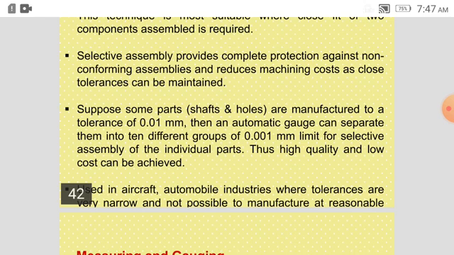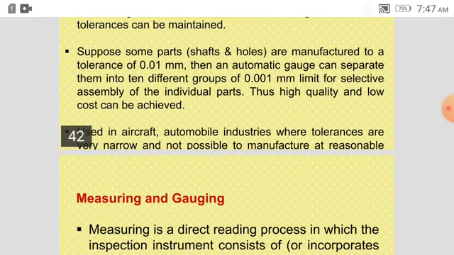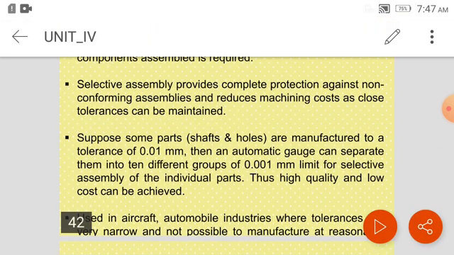Non-conforming assemblies are reduced, and machining cost is reduced as close tolerance can be maintained. By grading all this, we can maintain close tolerances and reduce the production or machining cost. It is used in aircraft and automobile industries, where tolerances are very narrow and not possible to manufacture at reasonable cost. So selective assembly is a concept which is very useful in producing close tolerance assemblies.